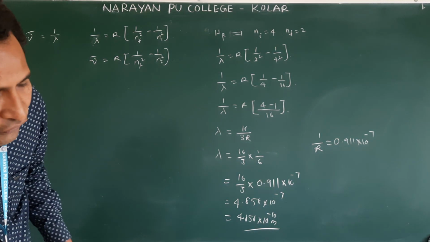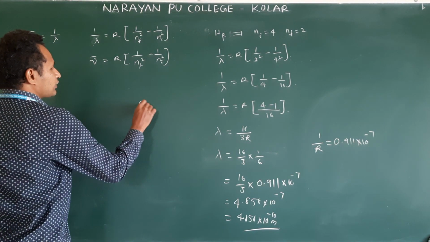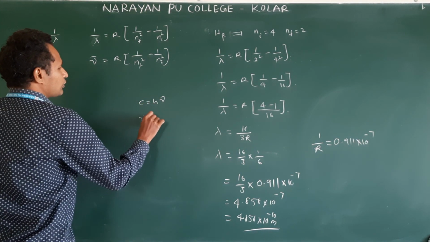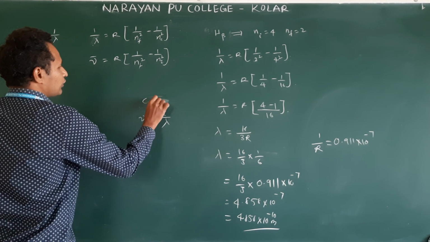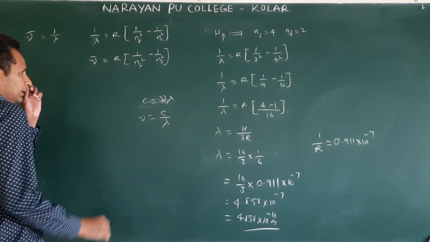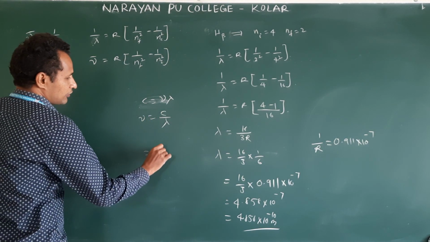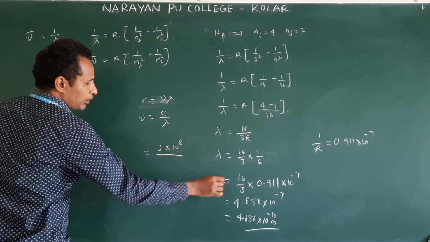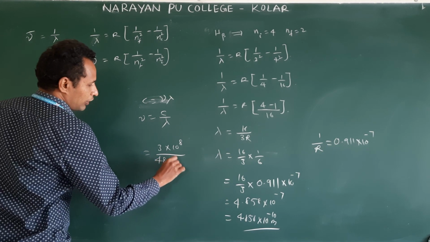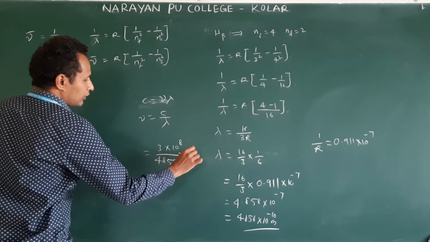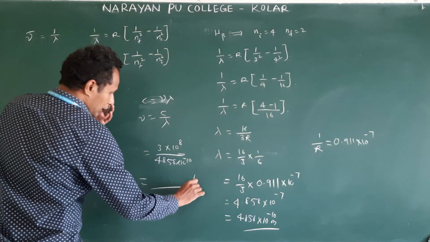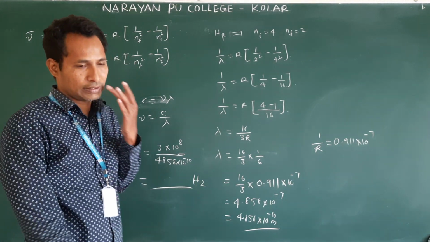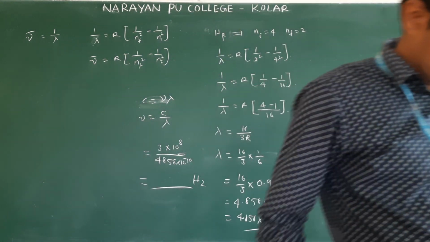Then how do you find the frequency? C is equal to nu lambda, right? So nu is equal to C by lambda. C is 3 into 10 power 8, and lambda we already calculated: 4858 into 10 power minus 10. On this you will get the answer for frequency. What is the unit? Hertz. Right? The remaining we will see in the next class.